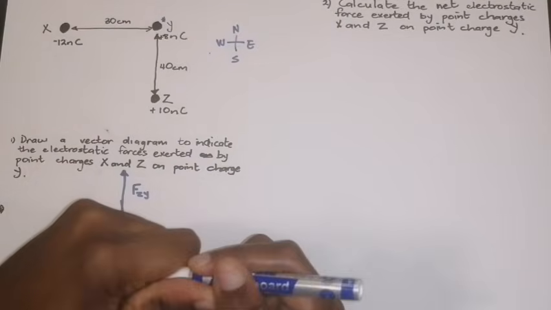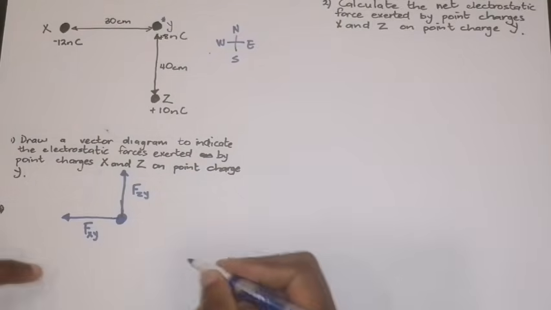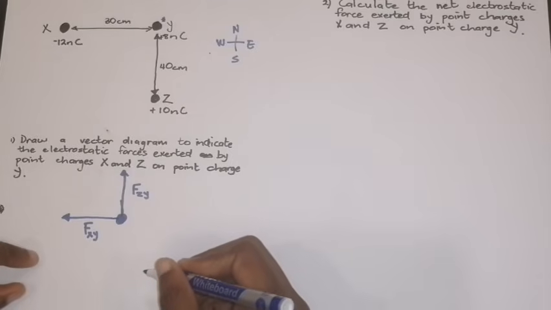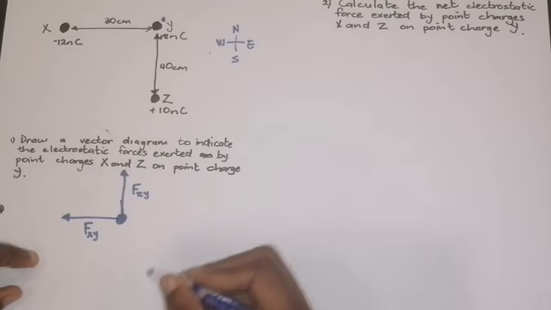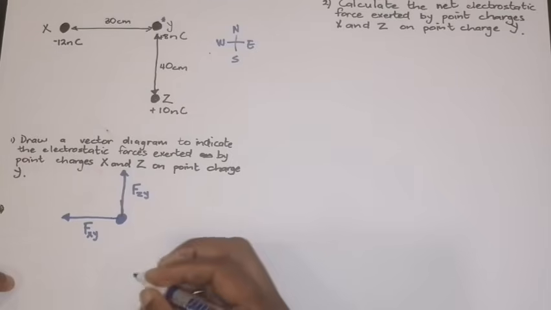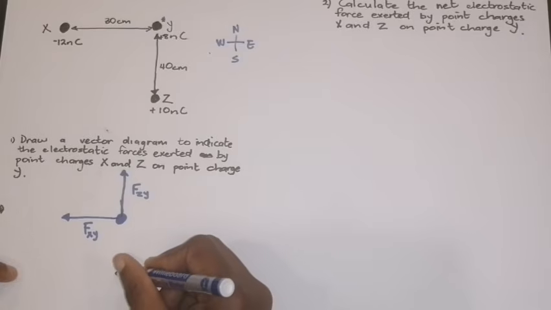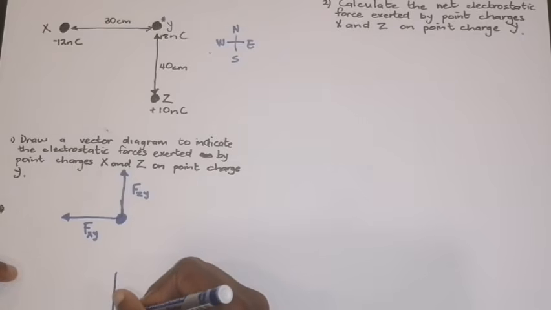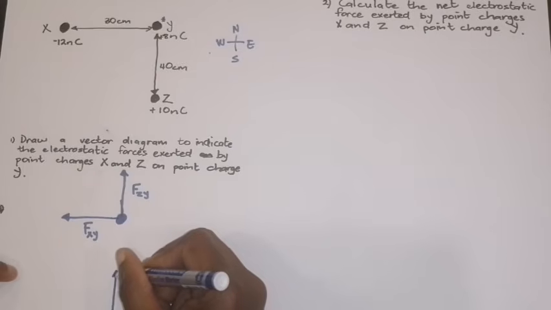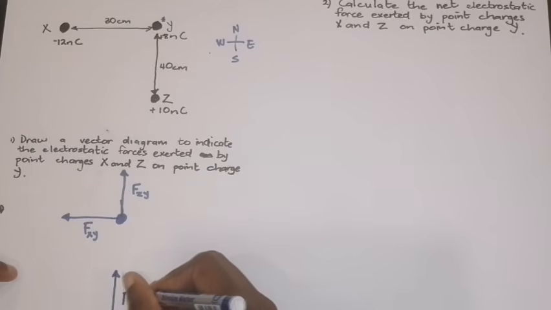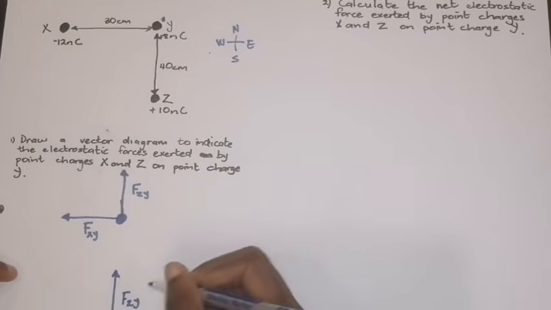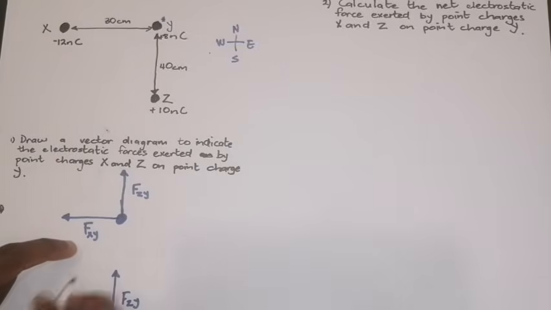So first of all, let me just redraw this diagram. Right, so I can draw them head to tail. I'm going to start with FZY, so I'm not changing anything about its direction. That's FZY, and I've got FXY.